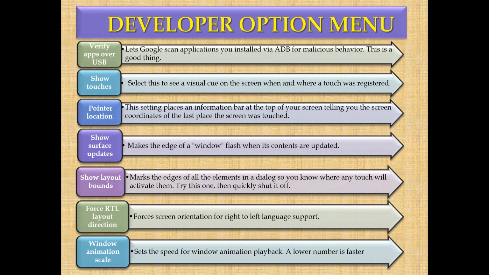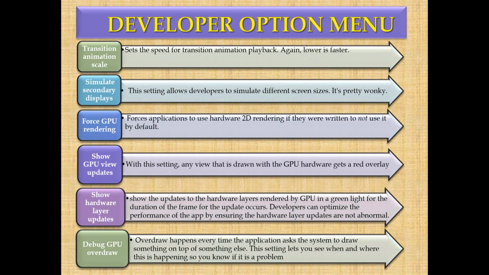You can set a higher number to slow it down, and you can see it says lower number is faster. So the lower number you go, the faster it gets, and vice versa. So transition animation scale, again, this is for the speed of animations.